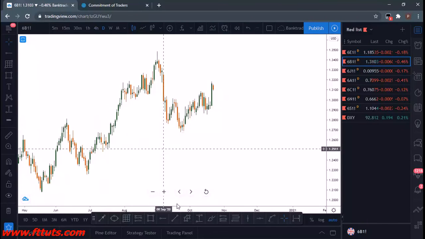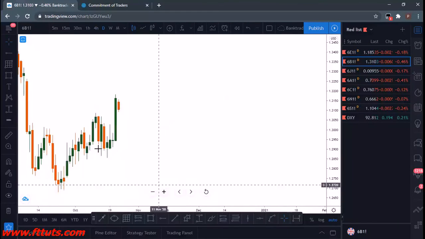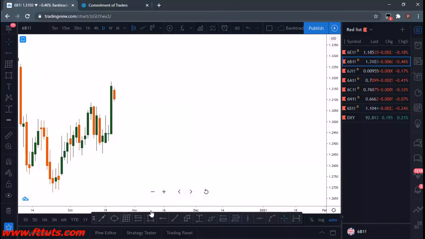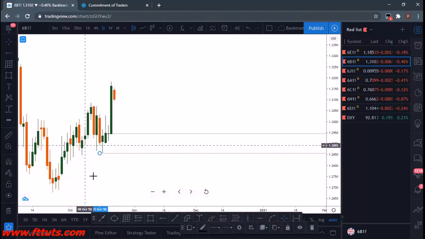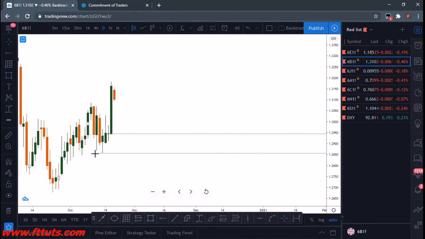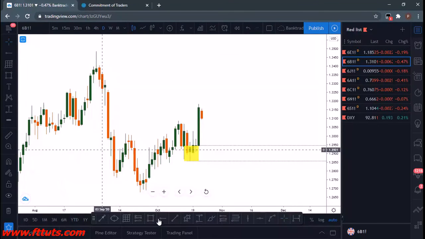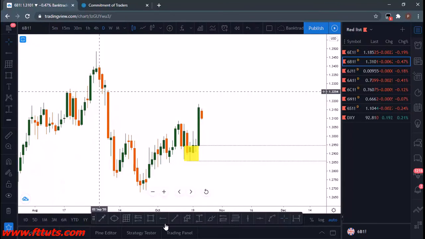So what do we have? Last demand is here. This is where our last demand is. Very nice area here. Supplies are the obvious.